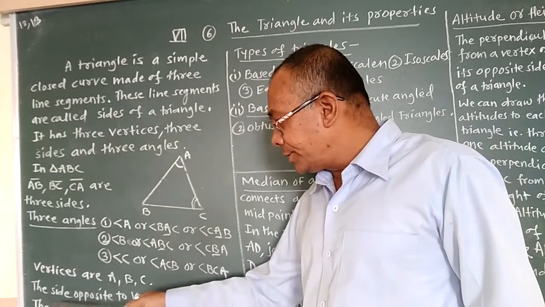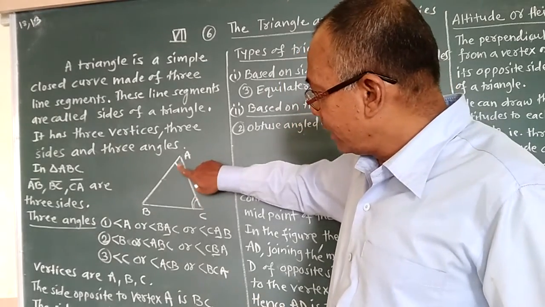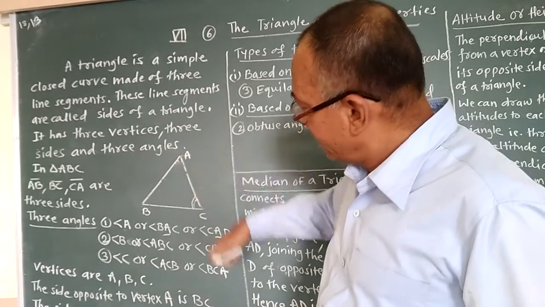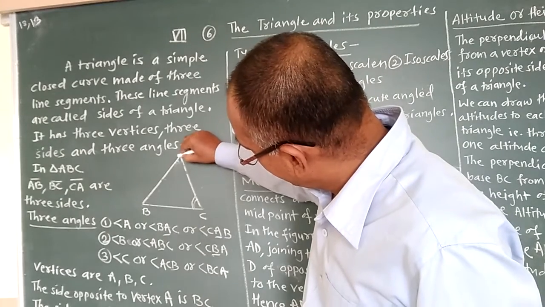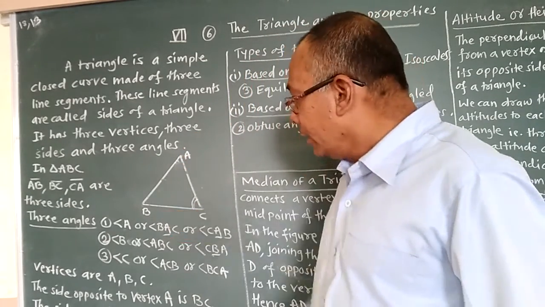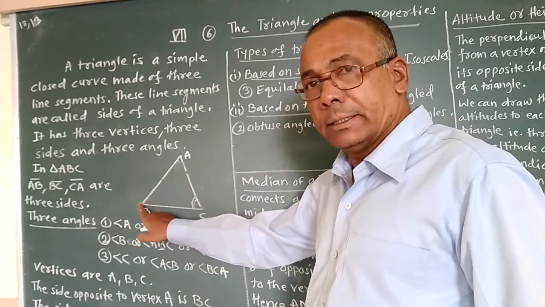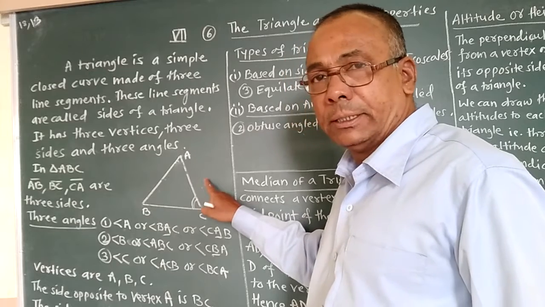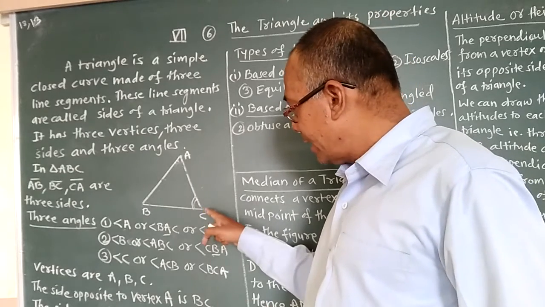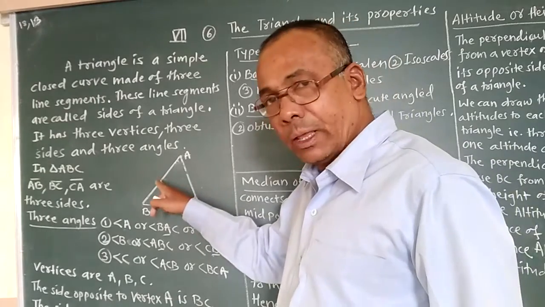Now the side opposite to vertex A is BC. The side opposite to vertex B is AC, and the side opposite to vertex C is AB.